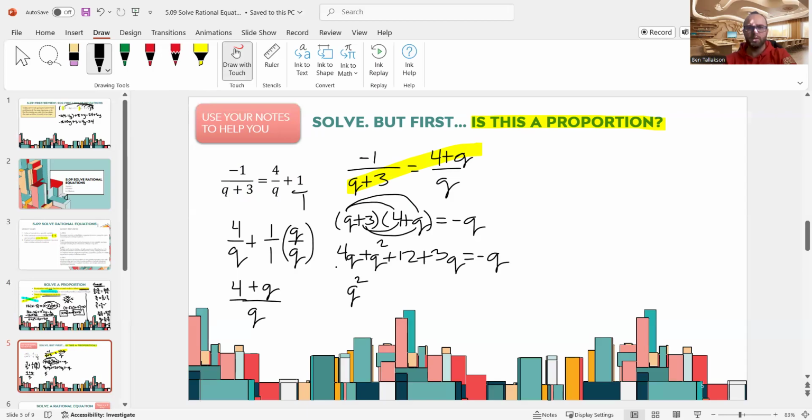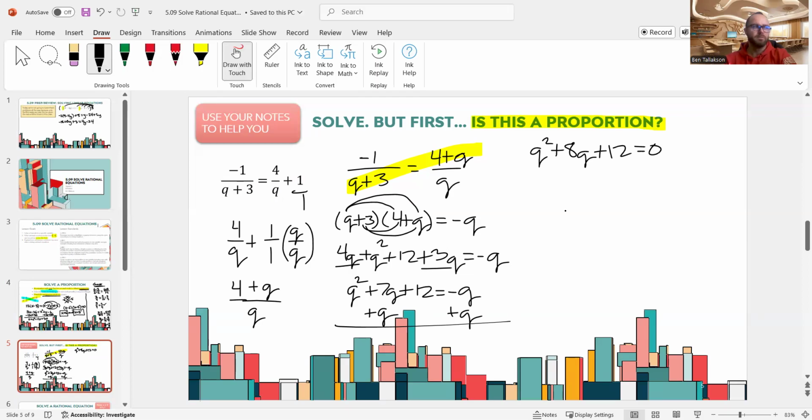Put q squared first. We have 4q plus 3q, and then our constant 12. And then we have that minus q still hanging out. So let's get that on the same side. I'm going to write my answer up top here. So we have q squared plus 8q plus 12 equals 0.